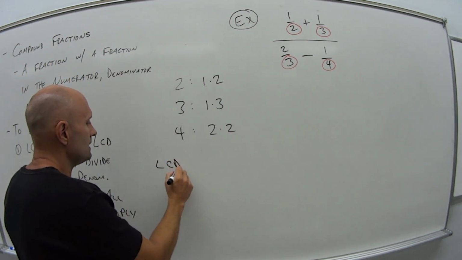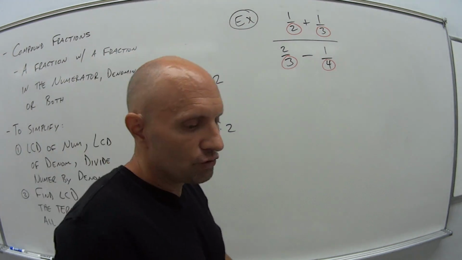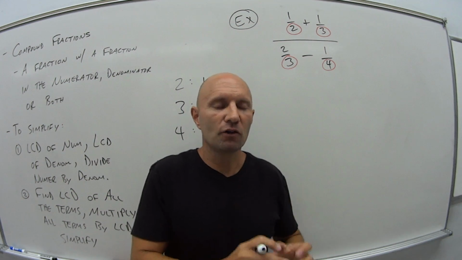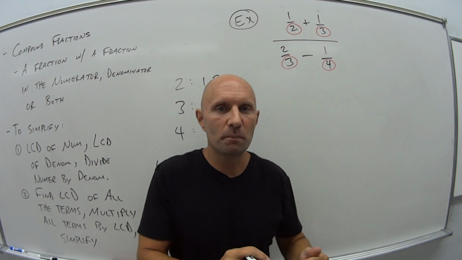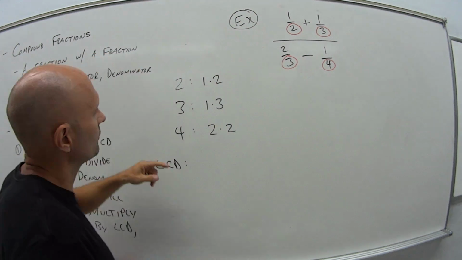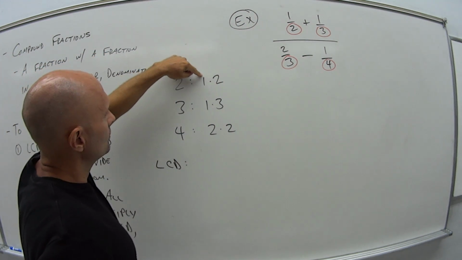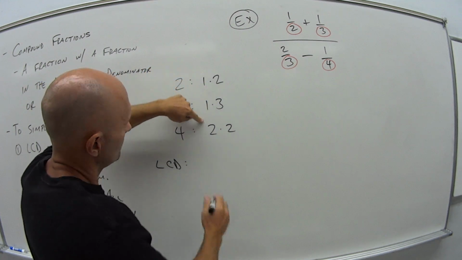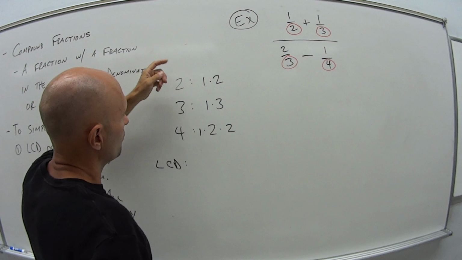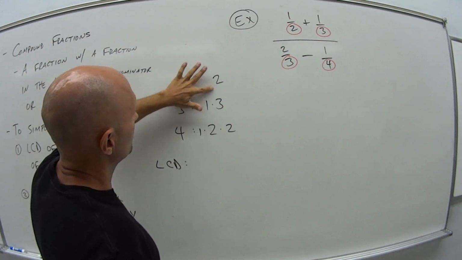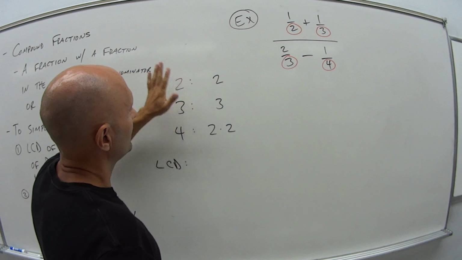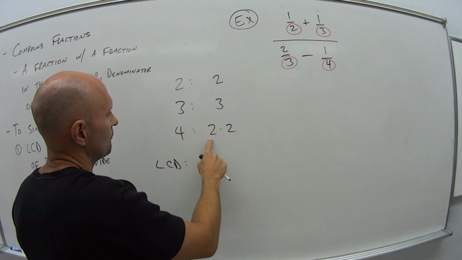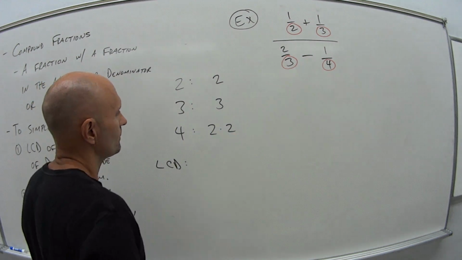In finding the LCD, I want to use the greatest number of times that a value appears for all the different numbers. Because I'm doing prime factorization, let me not even write in the 1. 2 is already prime, 3 is already prime, and then 4 I can factor into 2 times 2.